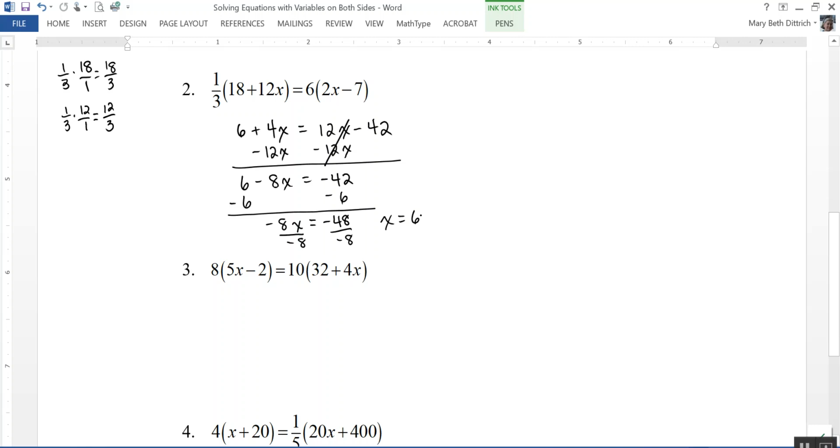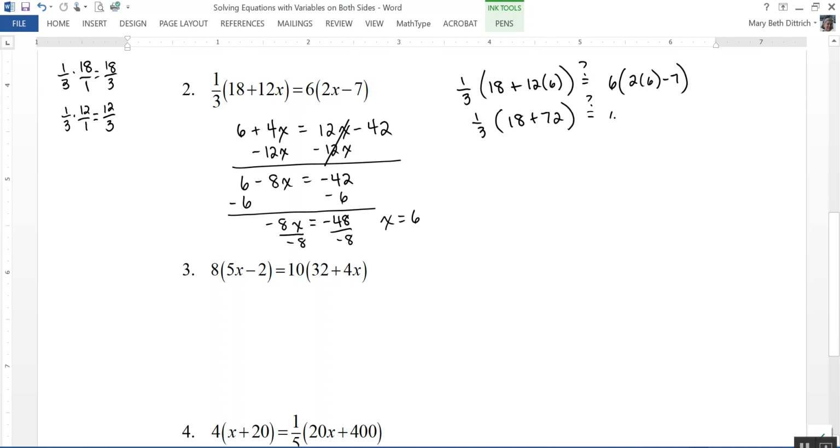Okay, so let's go ahead and check this. So 1/3 times 18 plus 12 times 6. Is that equal to 6 times 2 times 6 minus 7? Okay, 1/3 of 18 plus 12 times 6 is 72.